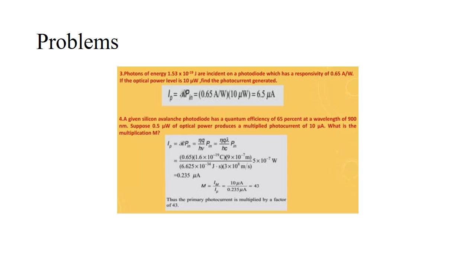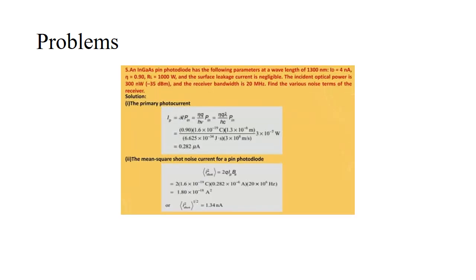Quantum efficiency they have given, wavelength they have given, the input optical power they have given, photocurrent also they have given. They are asking here the multiplication factor M. So they are finding Im divided by Ip.